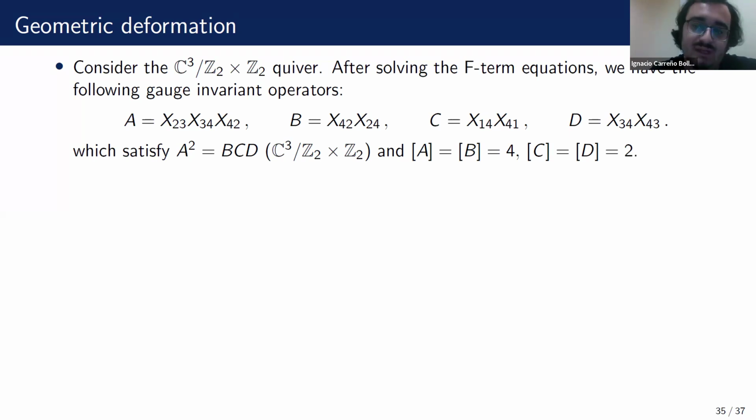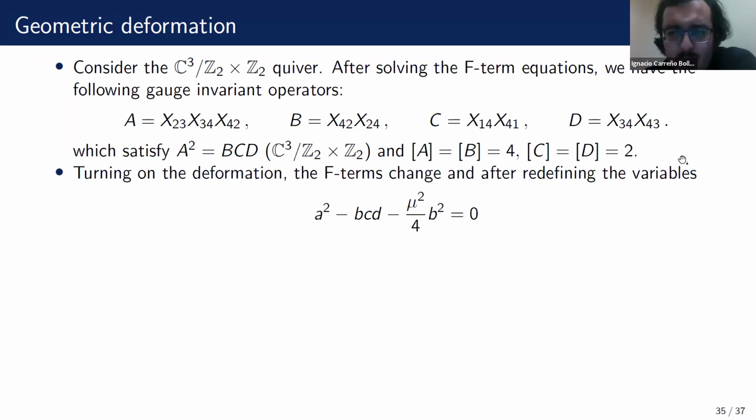Let's go back to the C3 mod Z2 quiver, and we solve the F term equations. We can express them in terms of these four gauge invariant mesons, A, B, C, and D, that satisfy the defining equation of C3 mod Z2 with these scalings. Now, what we do is we turn on the deformation and the F terms change.